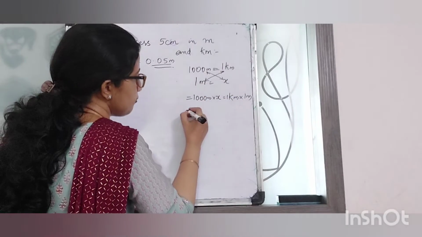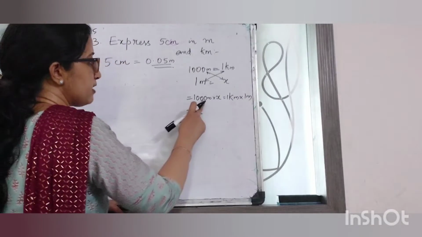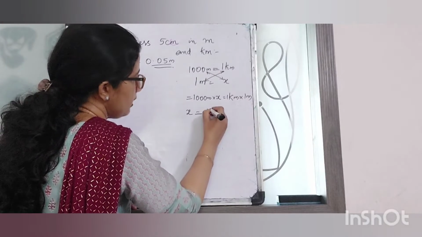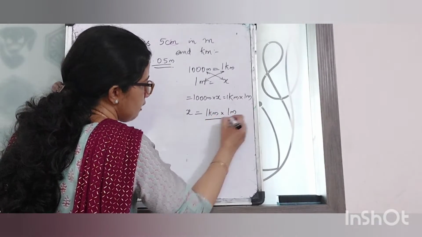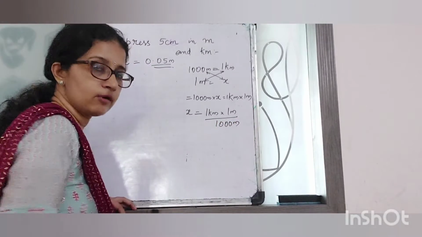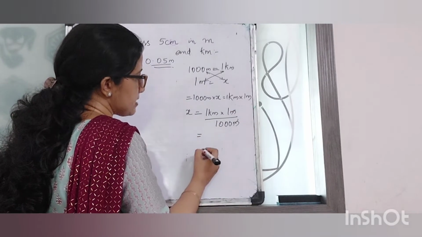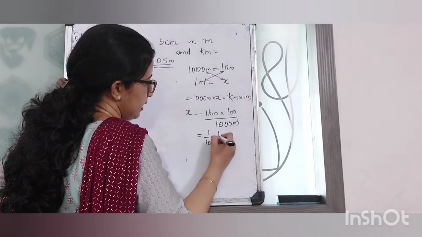So from this, if we find the value of x, we have to take this 1000 meter to the other side. So x is equal to 1 kilometer into 1 meter divided by 1000 meter. Okay. So if we cancel this meter, we will get the answer as 1 by 1000 kilometer.